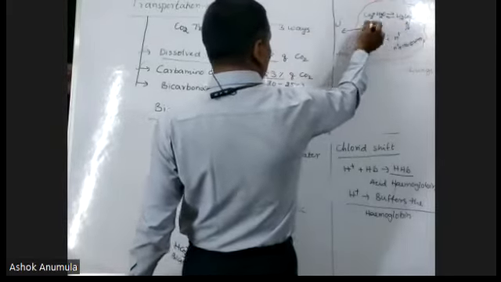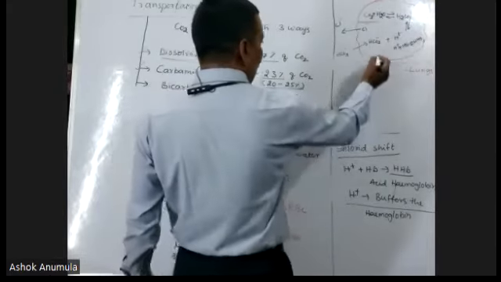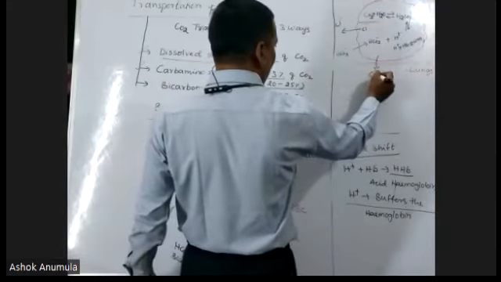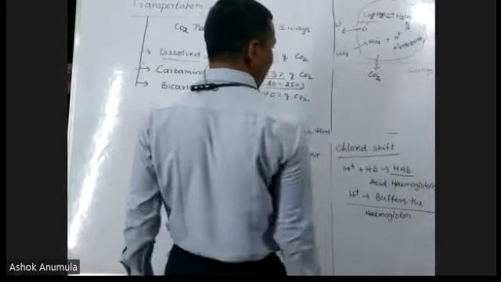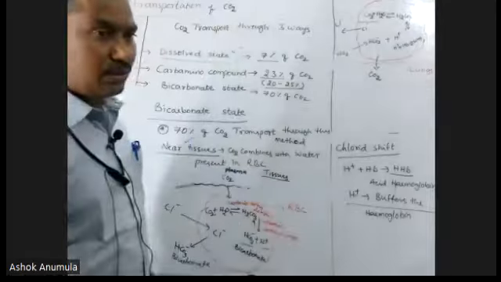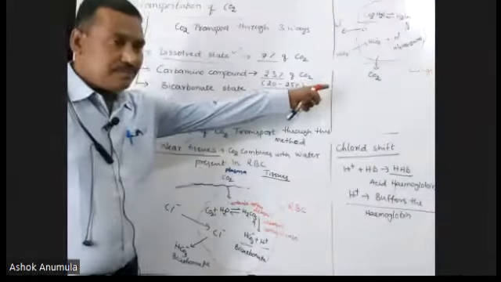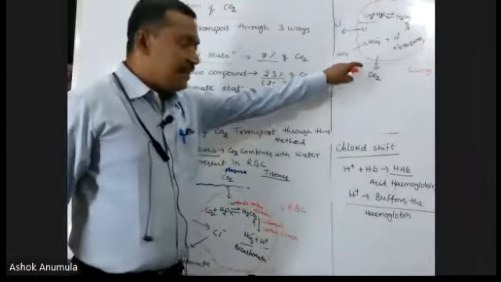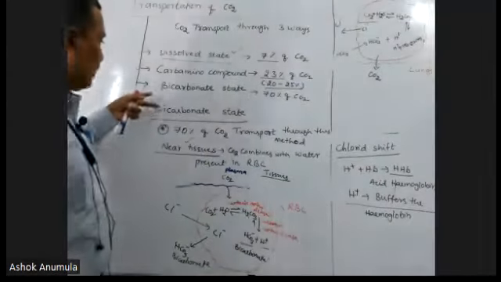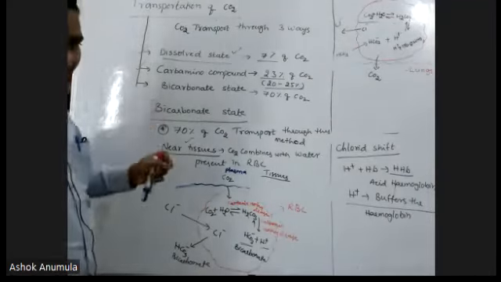The H2CO3 immediately splits into CO2 and H2O. The carbon dioxide enters into the lungs and alveoli. It must be eliminated outside through the nostril. This reaction is occurring near the lungs. This is called transportation of carbon dioxide through the bicarbonate state.